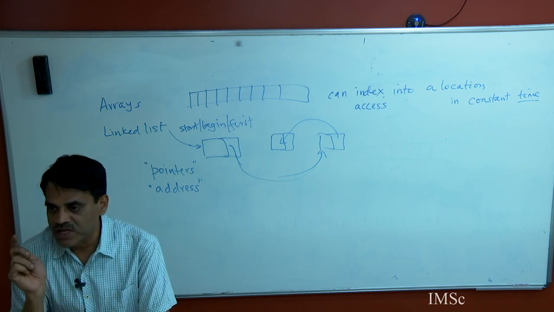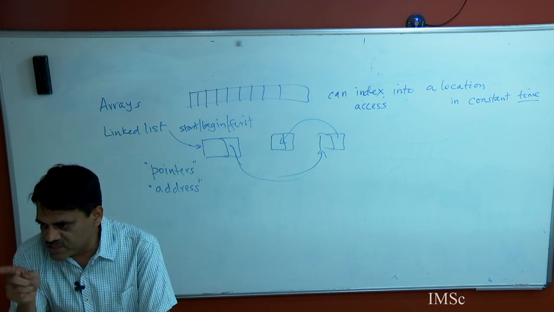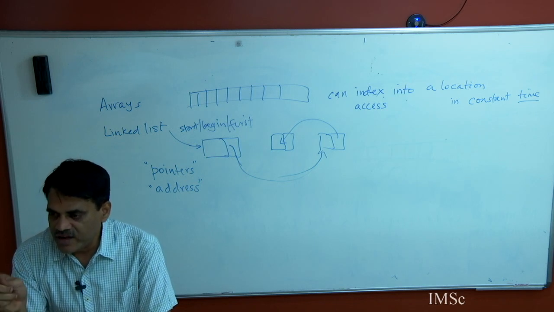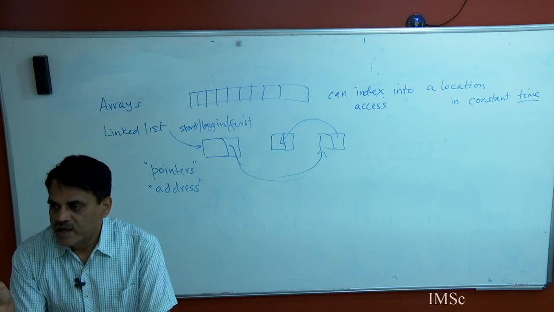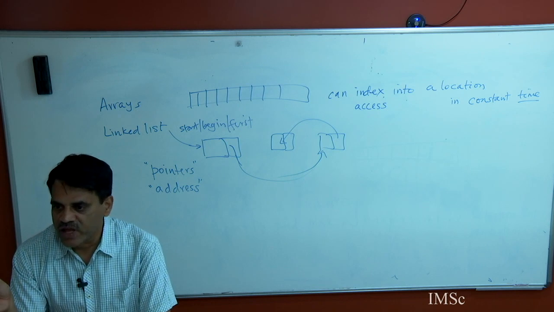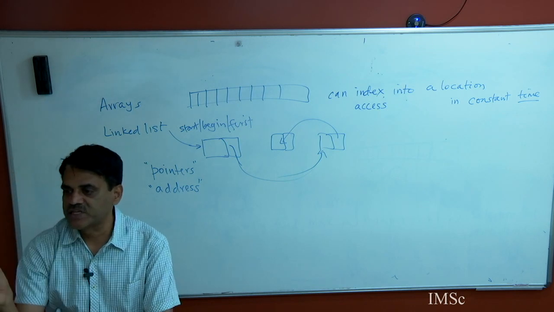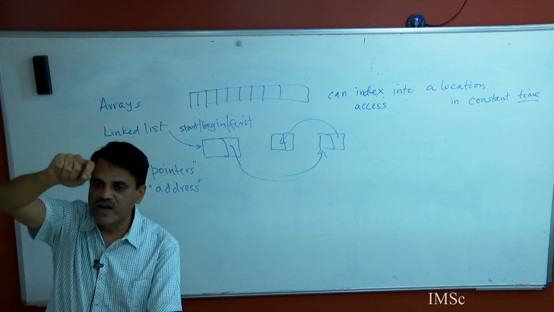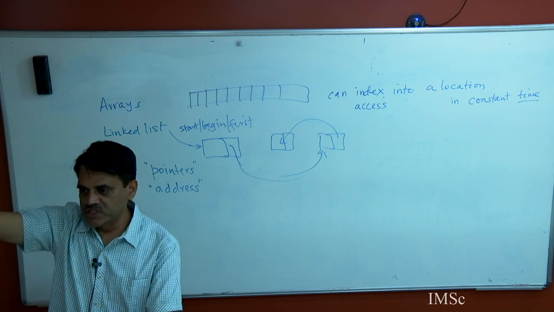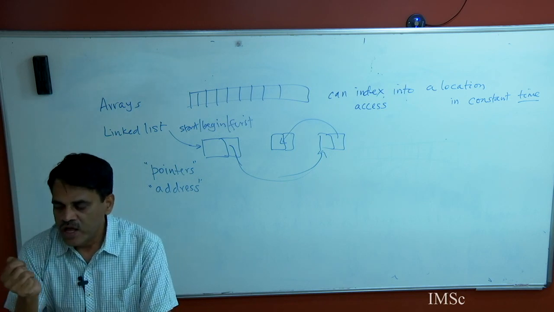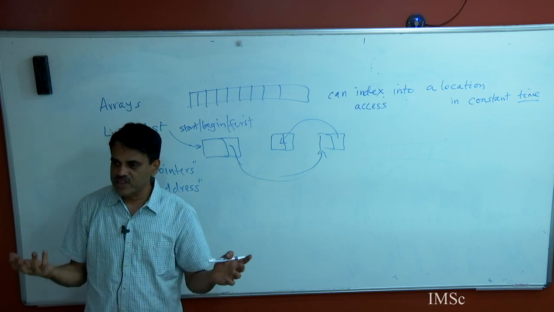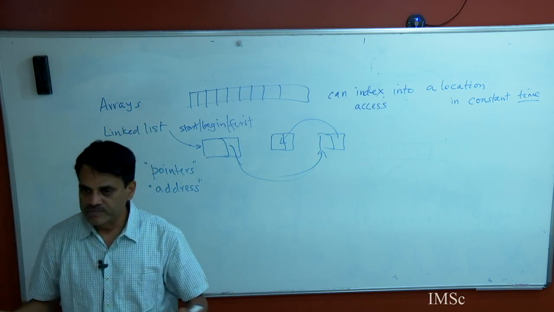So, what I will tell you is, I will point out to the first person and say, you are the first, and I will give him or her who is the next person. Okay. So, that person may be sitting in the last bench, and that person will have an address to who is the next, and so on and so forth. So, if I want to know who is the 57th guy, how do I know?